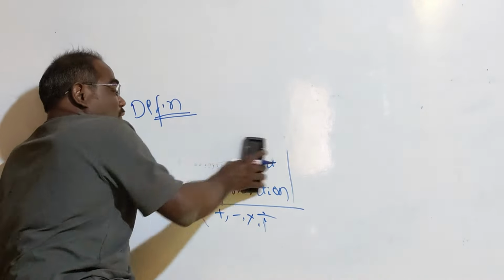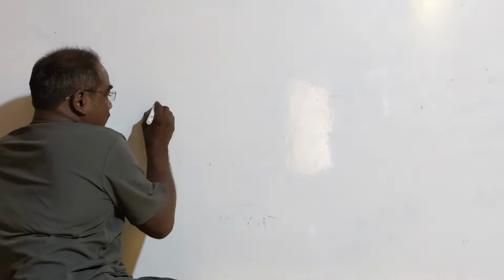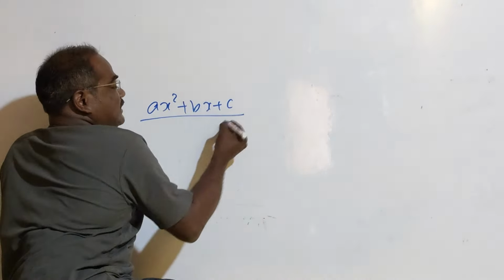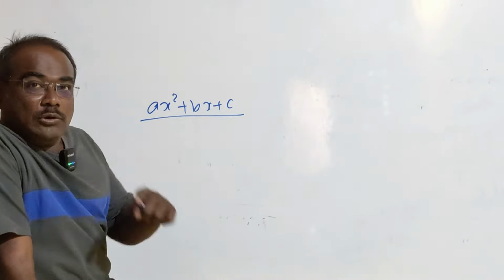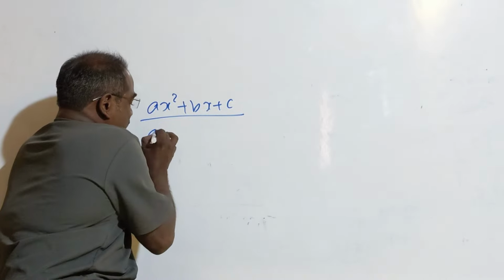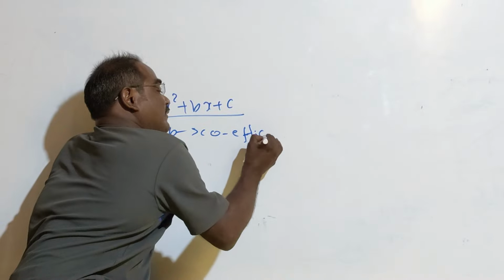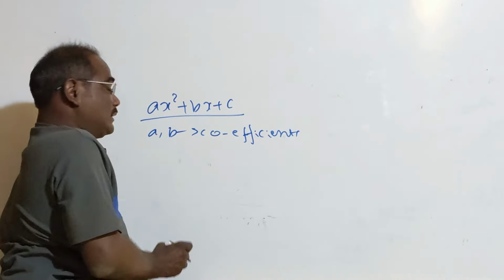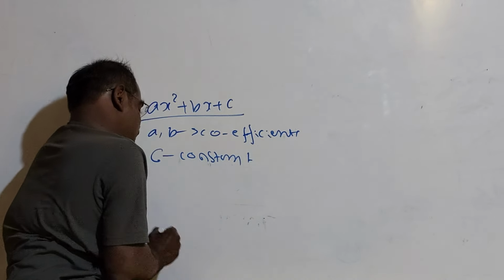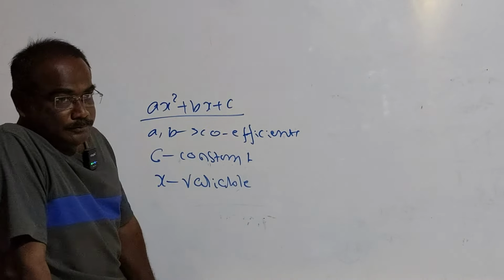Let me take one example. ax square plus bx plus c is a polynomial, where a and b are coefficients, c is a constant, and x is a variable.